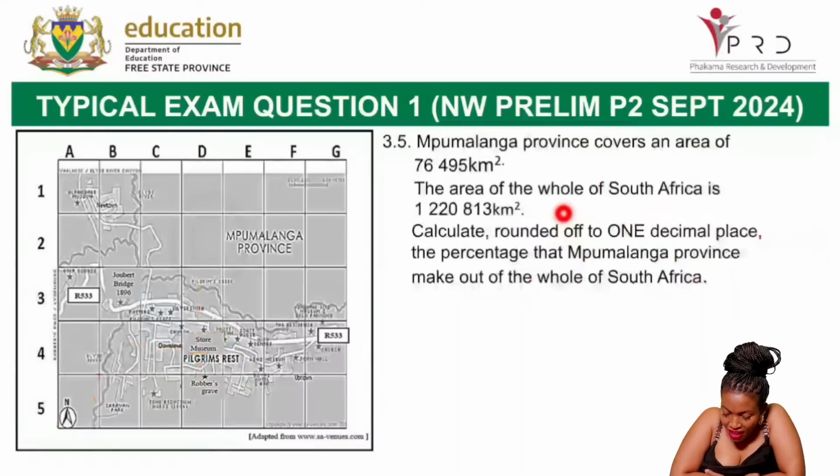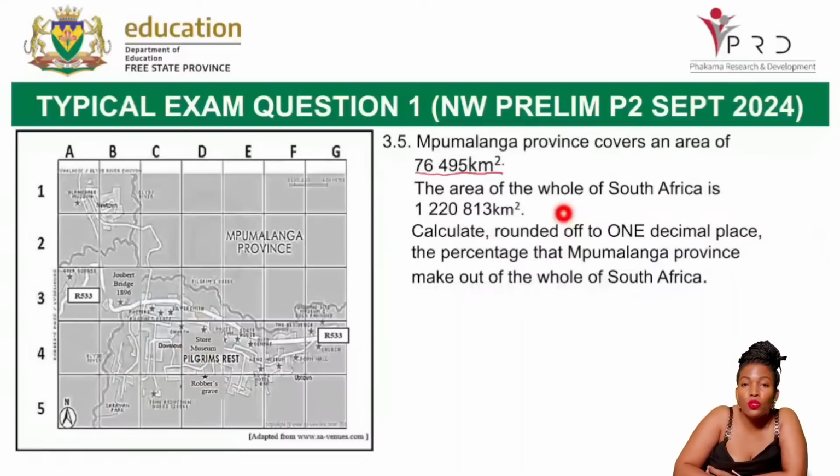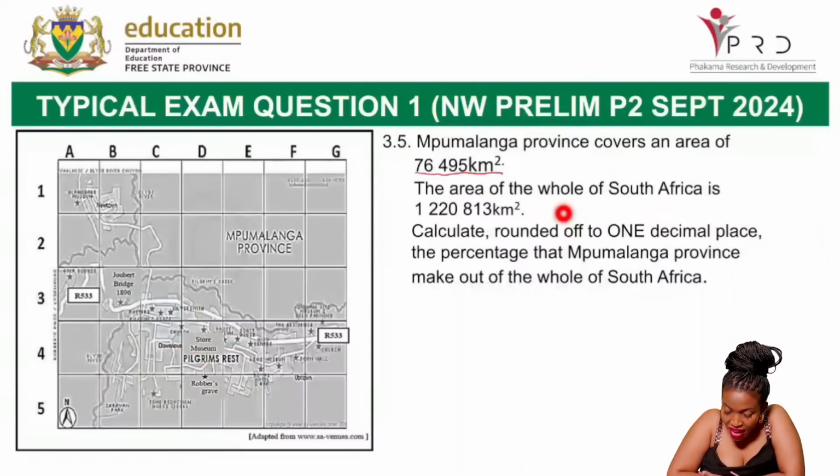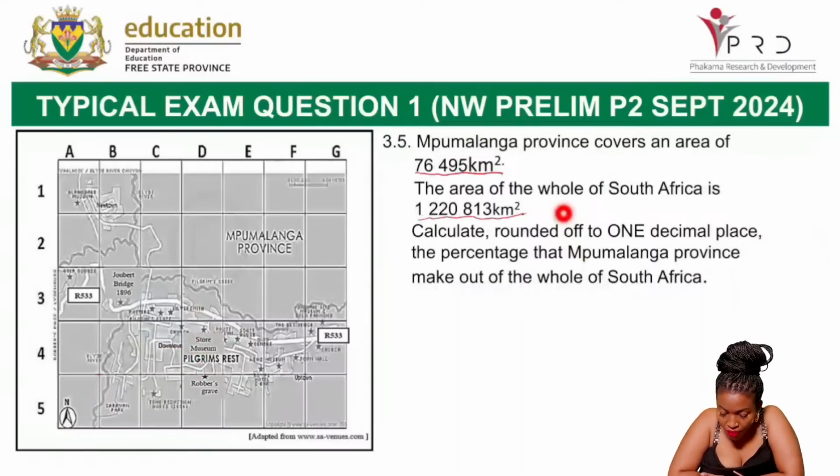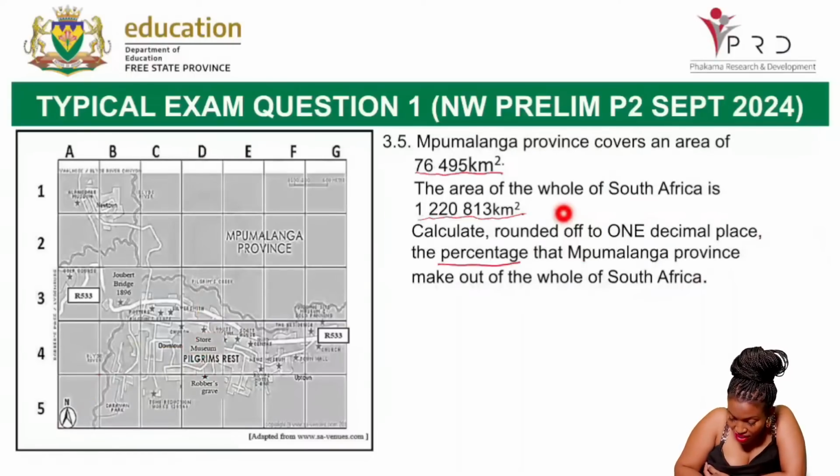3.5, Mpumalanga province covers an area of 76,495 square kilometers. The area of the whole of South Africa is 1,220,813 square kilometers. Calculate, rounded off to one decimal place, the percentage that Mpumalanga province makes out of the whole of South Africa.